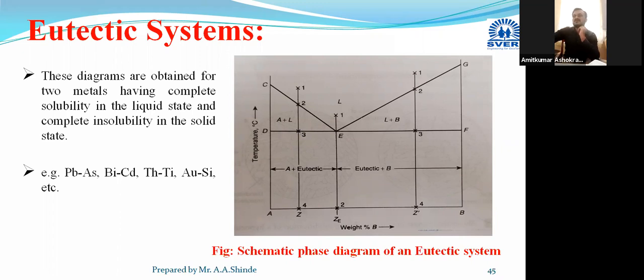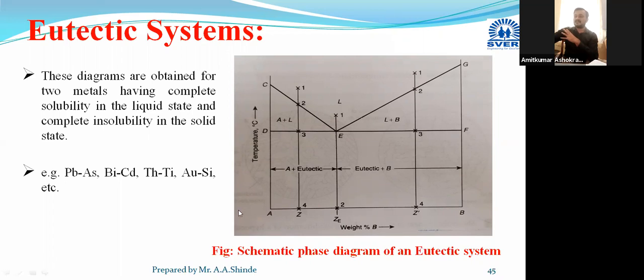What is the eutectic transformation? One liquid solidifies at a constant temperature during cooling and gives a mixture of two different solids. At point 3, whatever amount of liquid is there will be transformed to a mixture of two different solids, and that mixture is termed eutectic. This transformation is the eutectic transformation.